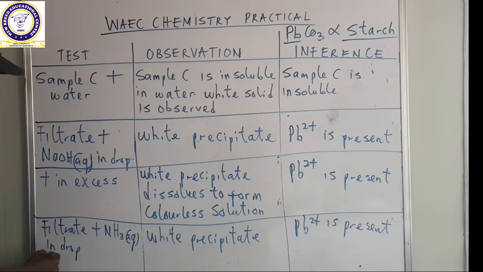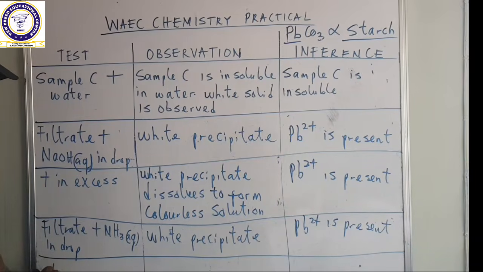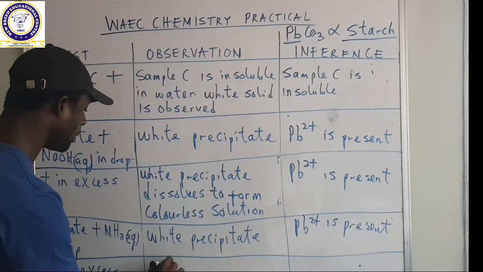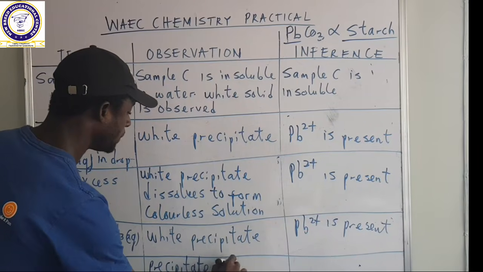What is the next thing they ask you to do? To add in excess. We add plus in excess. If you add in excess, your precipitate will still remain insoluble.